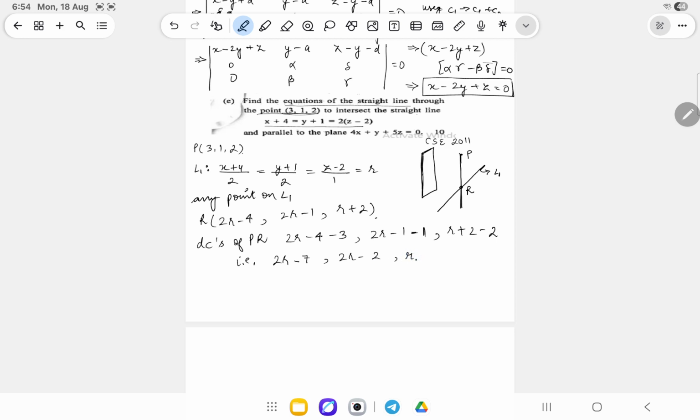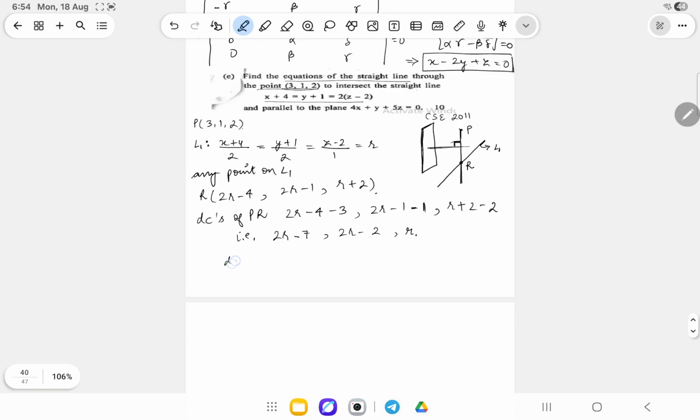Also in the question it is given that the line passing via point P is parallel to the plane. So the normal to the plane will be perpendicular to this line passing via P. The direction ratios of the normal to the plane are 4, 1, 5.